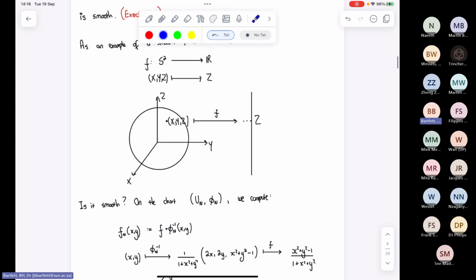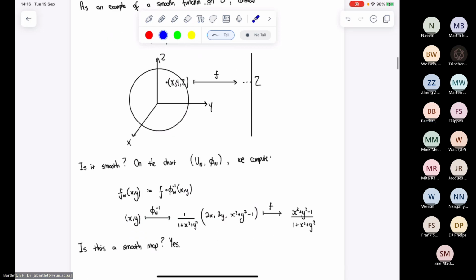So for example, in the Northern Hemisphere chart, when I compute this composite here, which is I do the reverse stereographic projection and then I apply f, I think of that as a function on R2, and I call that f subscript n because it's the function f expressed in the Northern Hemisphere coordinates. What will that do? Well, first of all, here's a point in R2.